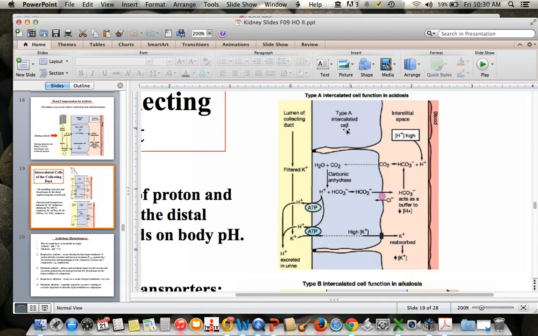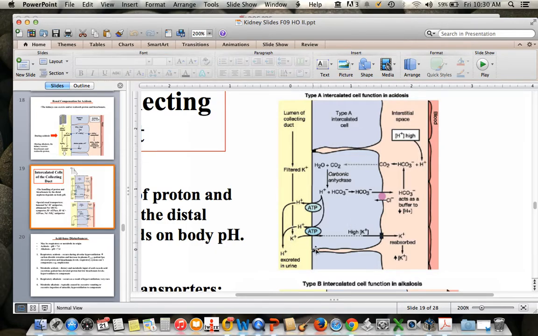And then you have your type A cells that are intercalated into the nephron. Their job is essentially to pump the protons out. Some of the details matter here, so we have to keep track of it. We have our lumen of the collecting duct here that has some potassium that's been filtered through it and so forth. That's just been presented as it normally would.